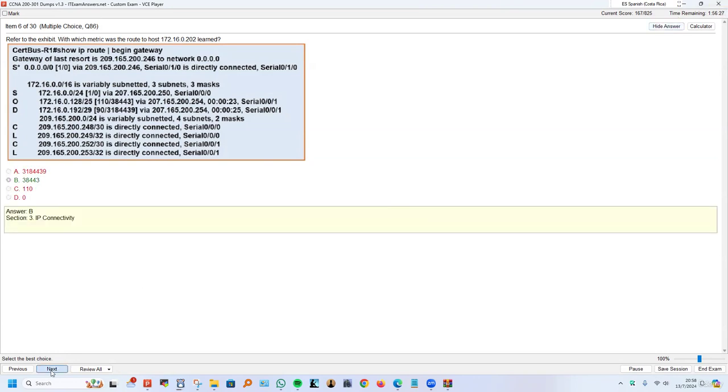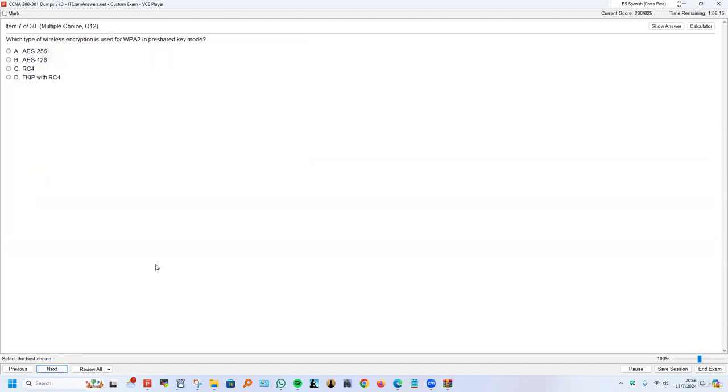That's a tricky one. And you can see it is getting to the 172.16.0.128, which is related to this network. What about this one? Which type of wireless encryption is used for WPA2 in pre-shared key mode?